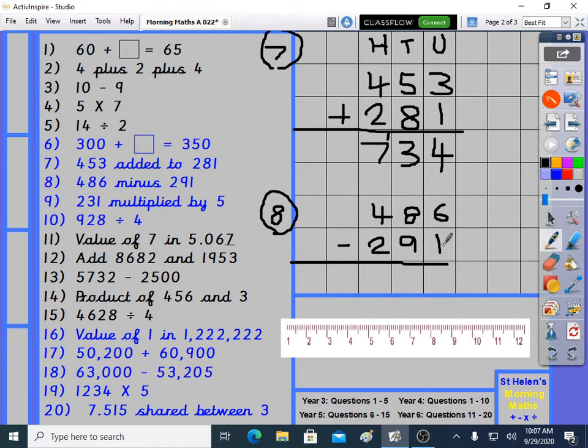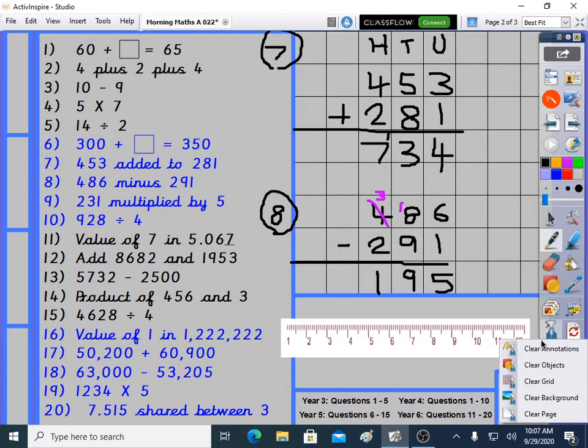So we're doing minus. 6 minus 1 is 5. 8 take away 9 you can't actually do. 8 needs some help. 4 goes down to a 3 and bring over to 1, which is worth 100. And now 10 tens in the tens column. And we have 18 tens take away 9 tens, which is 9 tens. 400 take away 200 is 100. 195 is our answer. On to question 9.